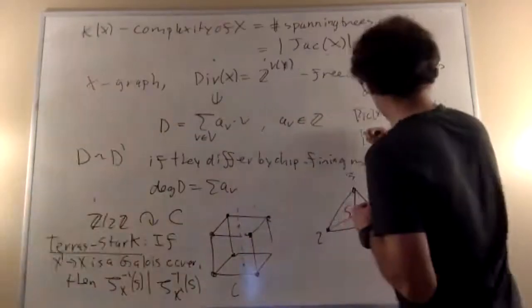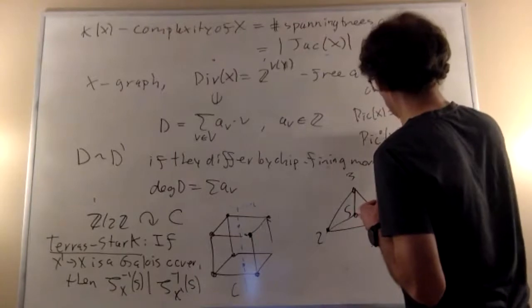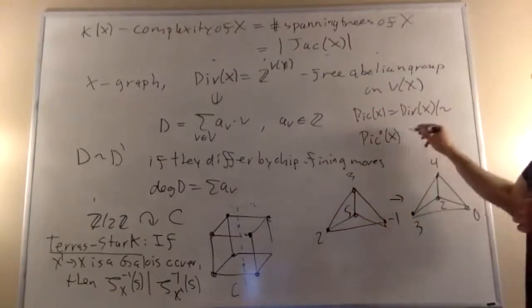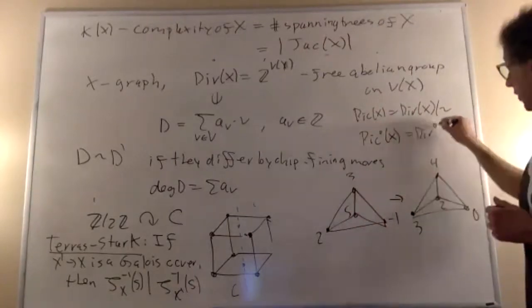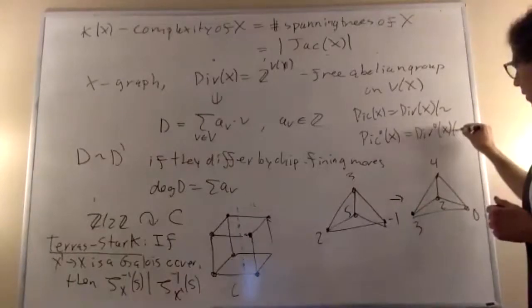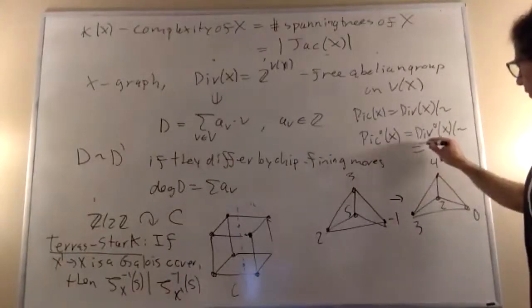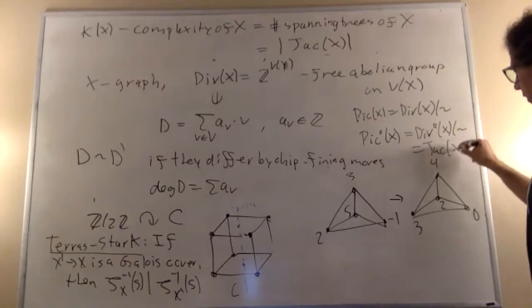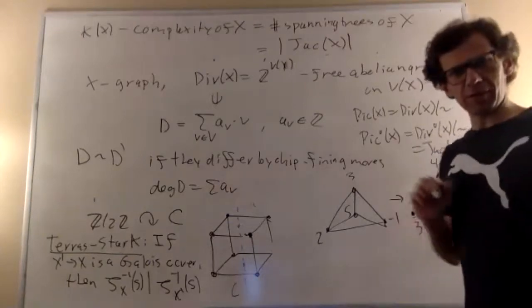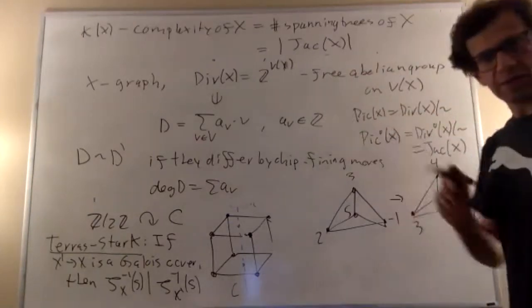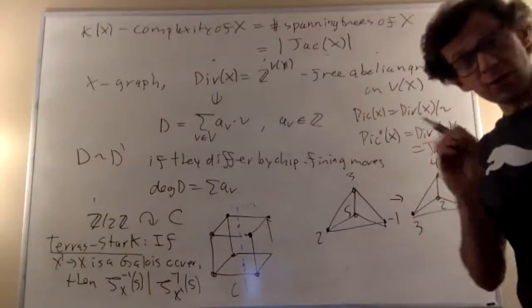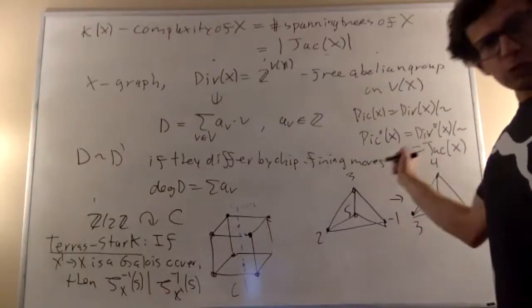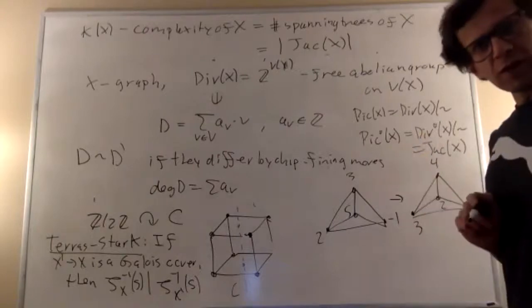And you have Pic 0 of X, which is the set of degree 0 divisors modulo equivalence. And this is called the discrete Jacobian of X. If you know what Riemann surfaces are, this should be very, very familiar. If you don't know what Riemann surfaces are, when you study them, try to remember this.